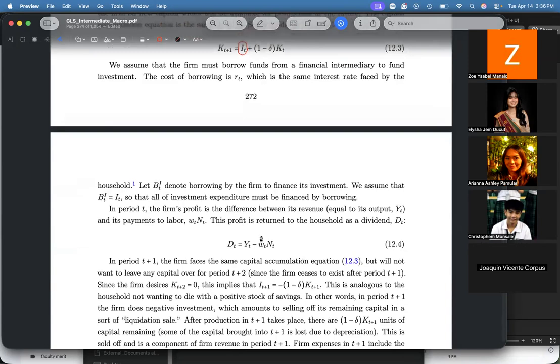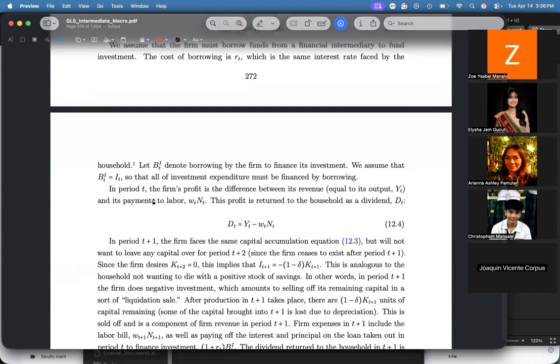So now we're adding this layer pa in addition to the decision to invest here. If you want to invest, you must use B, which is coming from borrowing from, say, an outside source, right? If you borrow, babayaran mo rin siya with an interest rate R. And that interest rate happens to be the same as the interest rate in Chapter 9 and Chapter 10. Kung ano man yun. Okay? It's R_T.